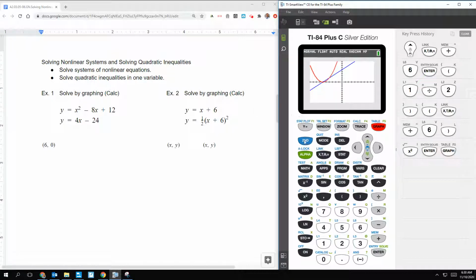And we're going to do the same thing. We're going to go second calc, and we want to find the intersection. So we're going to hit 5. And I like to work from the left to the right. So I'm going to move my arrow all the way over to the left, going pretty slow.